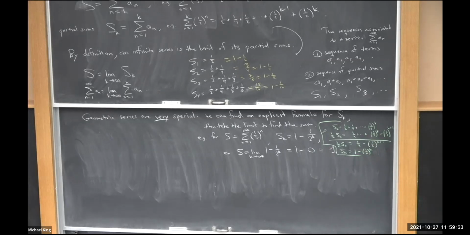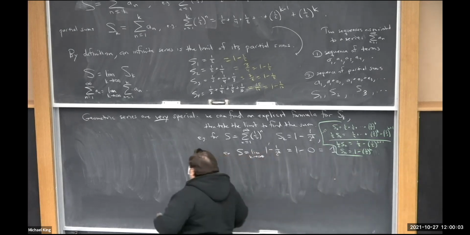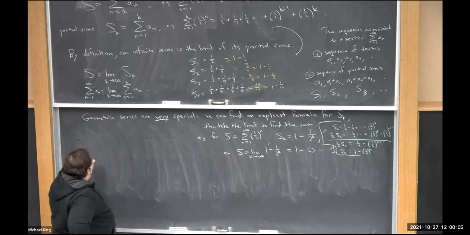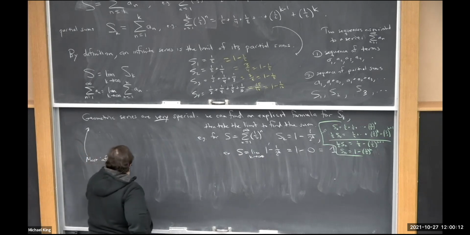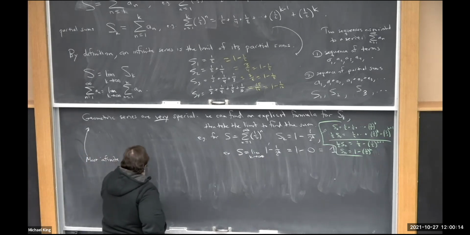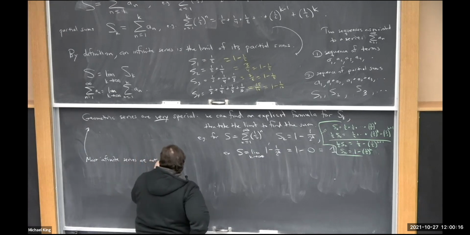But my point is, once we move past geometric series, life gets much harder because it's a lot harder to figure out. Most series are not this nice. Most infinite series are not this nice.